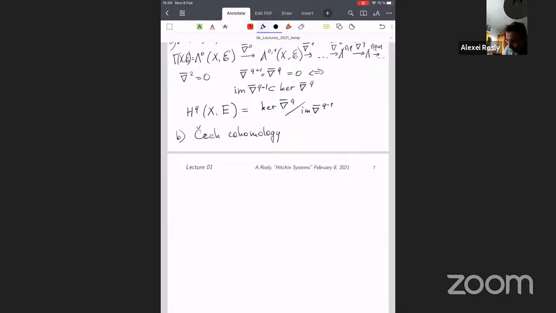So a complex of vector spaces, let me denote them by C^q, which are constructed from the holomorphic bundle E.